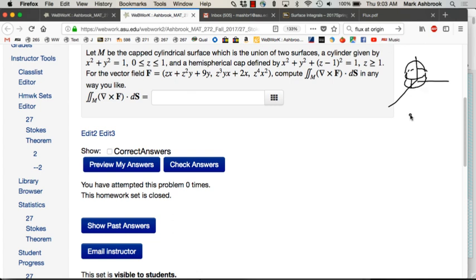So here's a big clue. This is curl, right? This is curl. So they want us to do, and then they gave us a little hint there. In any way you like.